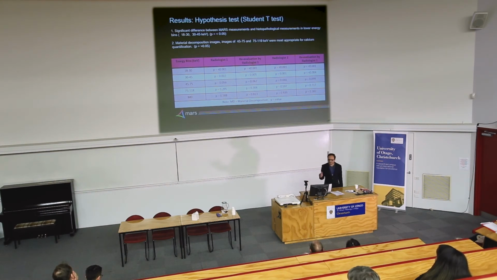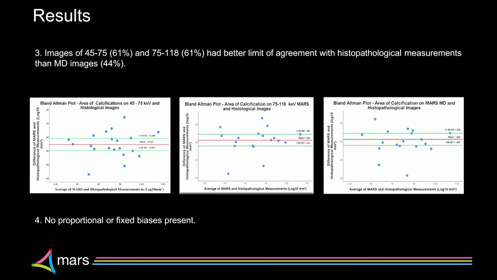Material decomposed images and images of more than 45 keV were most appropriate for the quantification of calcium, with p-values consistently showing more than 0.05 in these three rows. There is a slightly better limit of agreement between MARS measurements and histopathological measurements in higher energy images, more than 45 keV, as compared to material decomposed images.